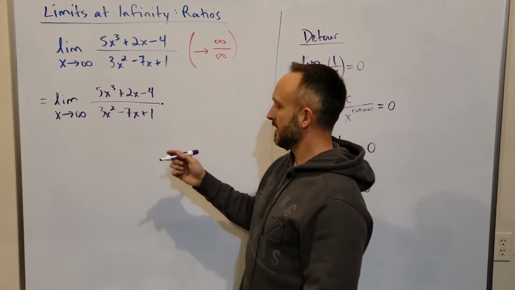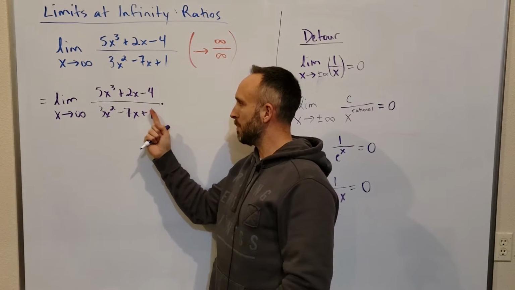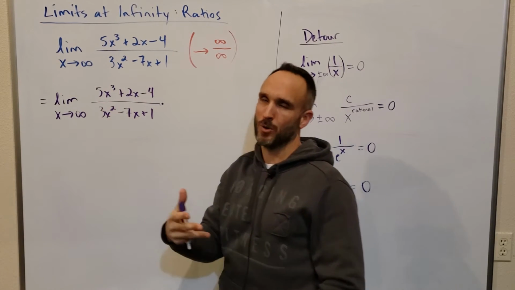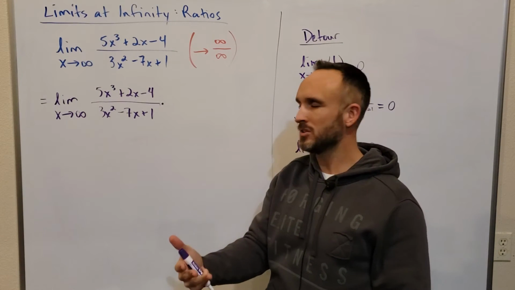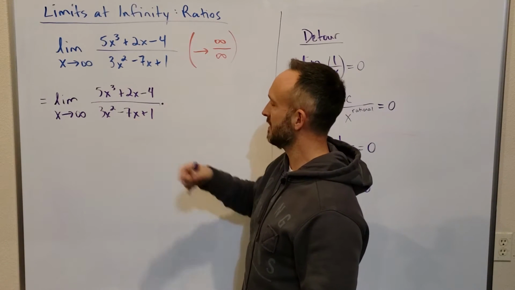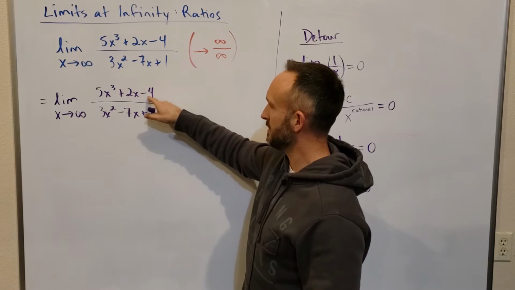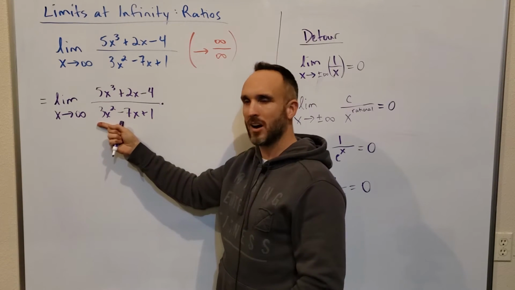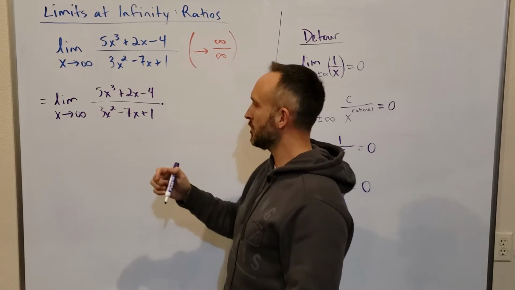The way we do that is we'd like to turn the bottom into a constant. We don't want to divide by 0, of course. We also don't want to divide by infinity in this case, because the top is infinity. So we're going to try to turn the bottom into a constant. And so let me show you how you do that.